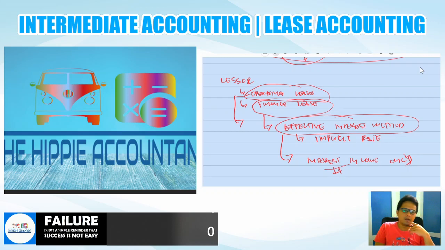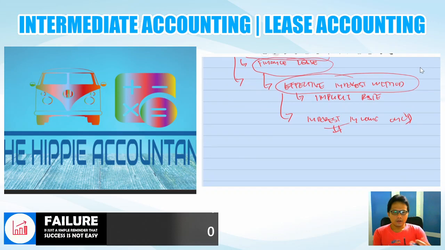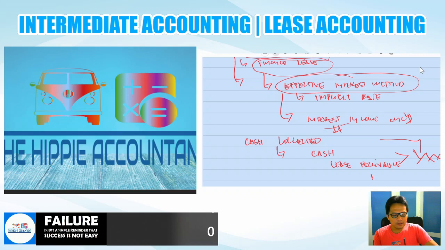principal rental. Okay? Why? Because on subsequent recognition under the finance lease, lessor perspective, the cash collected, remember this, the cash collected is always recorded as a debit to cash, credit to lease receivable at gross amount.